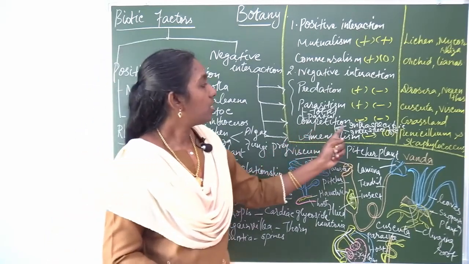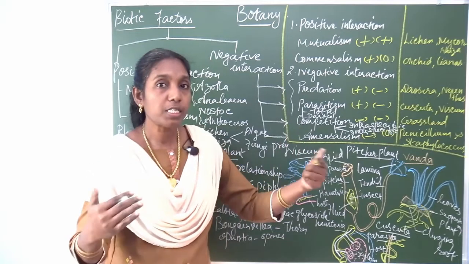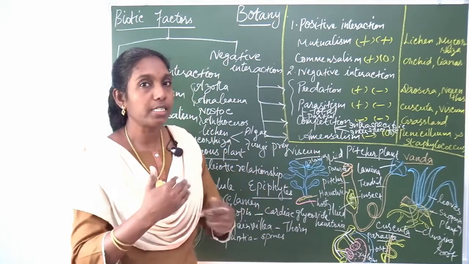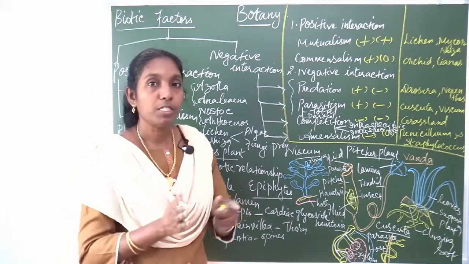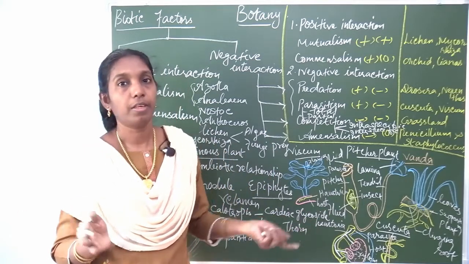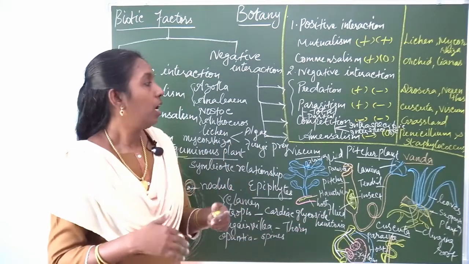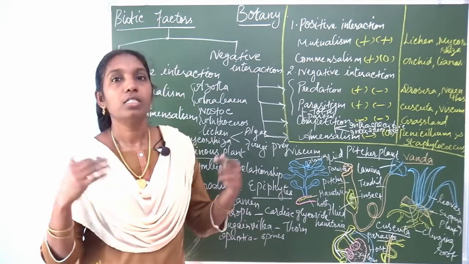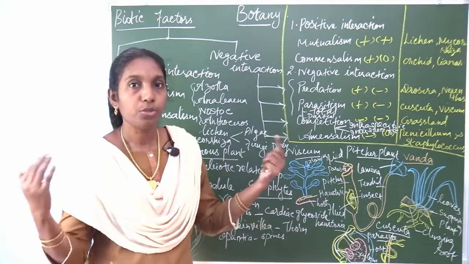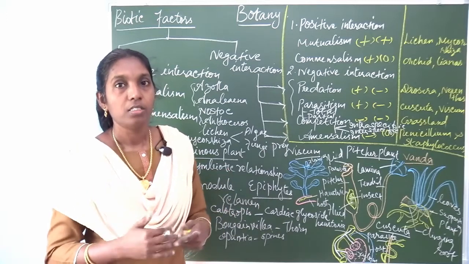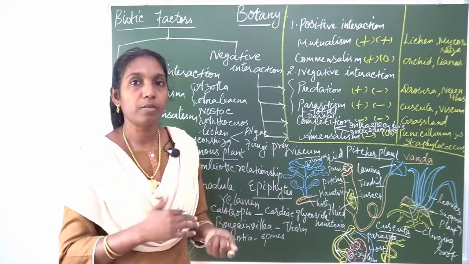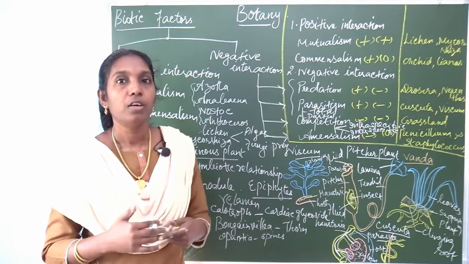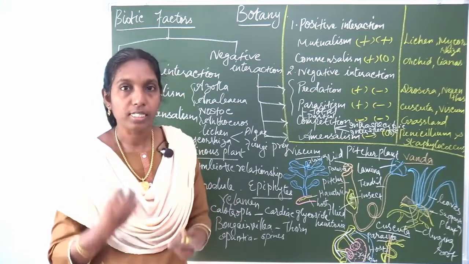So within the same species there is intraspecific competition. Interspecific is with different species. If you take the forest ecosystem, there are herbs, shrubs as well as trees. These plants live together as a community, and these herbs, shrubs and trees compete with each other for sunlight.